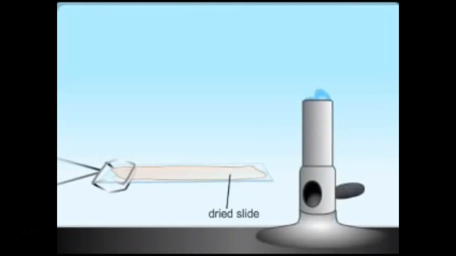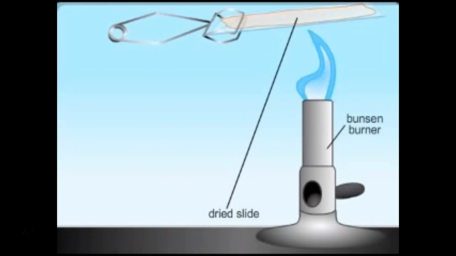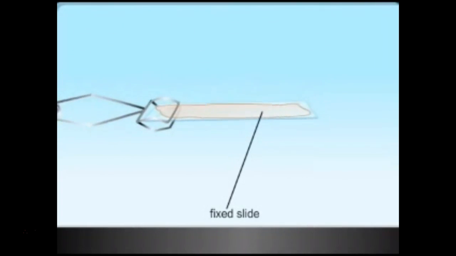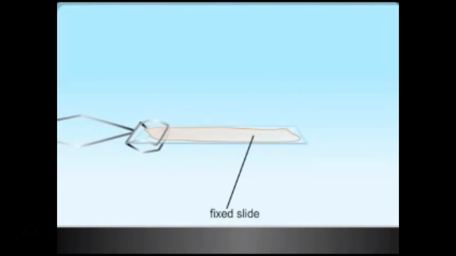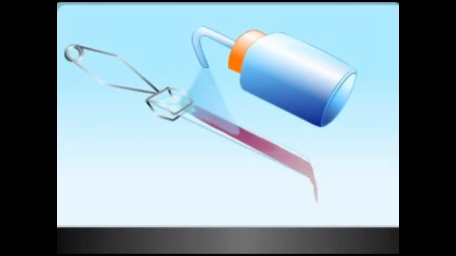The cells are then fixed to the slide by passing slightly above the flame of a Bunsen burner. After passing above the flame, the slide should feel warm when touched to the back of the hand, but should not be too hot. The fixed cells are then stained with the basic dye, crystal violet, for 30 to 40 seconds. The slide is then rinsed with water to remove excess stain.